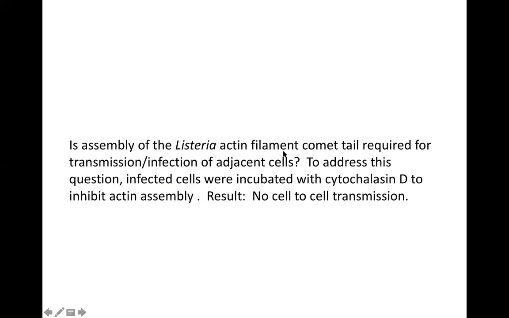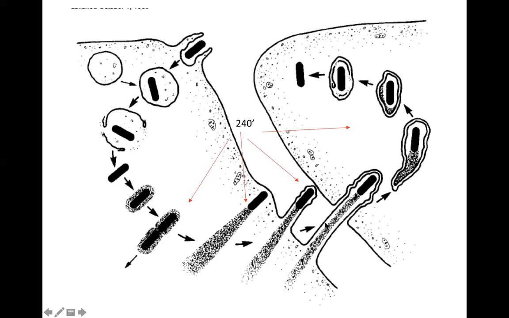And to determine whether actin was required for cell-to-cell invasion or infection, they incubated cells after infection with cytochalasin to inhibit actin assembly. And the result was quite clear. There was no cell-to-cell transmission, indicating that yes, indeed, it's the pushing of the bug out of the primary infected cell into the adjacent cell that drives and is necessary for infection.